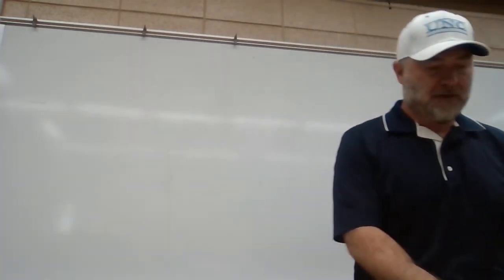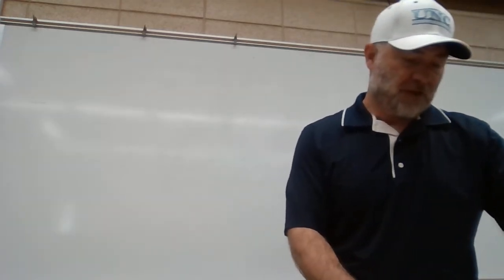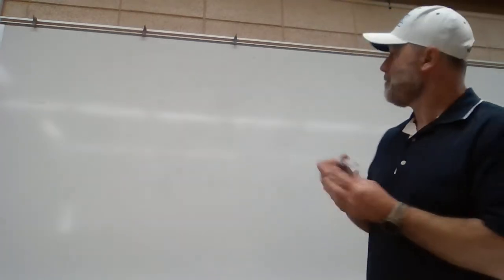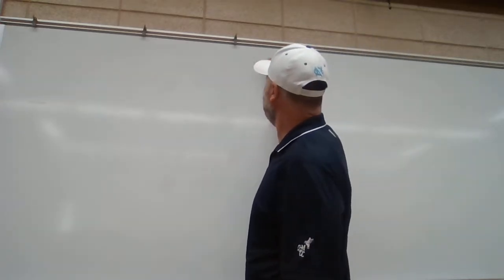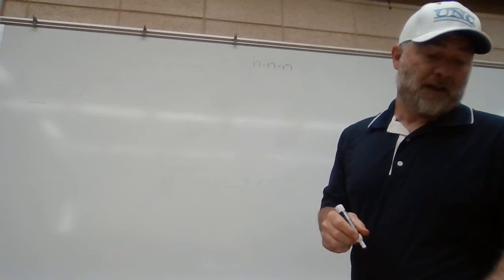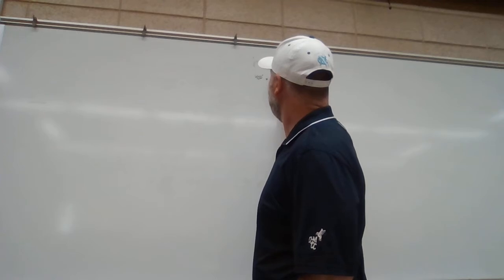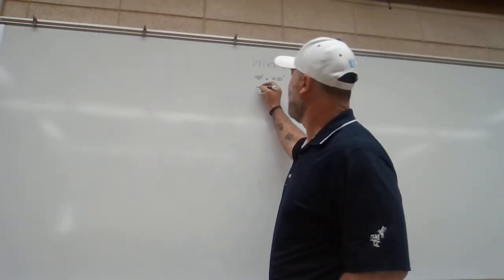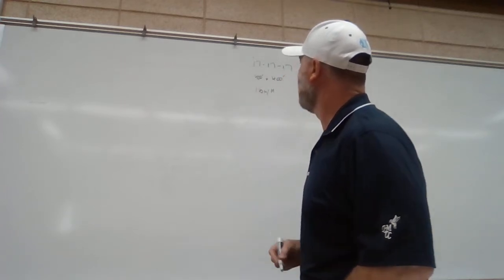So let's do this. I'll work one off the sheet. Let's say we had a bag of 17, once again, 17-17-17, and our area is 400 feet by 400 feet, and we want 1 pound nitrogen per thousand.